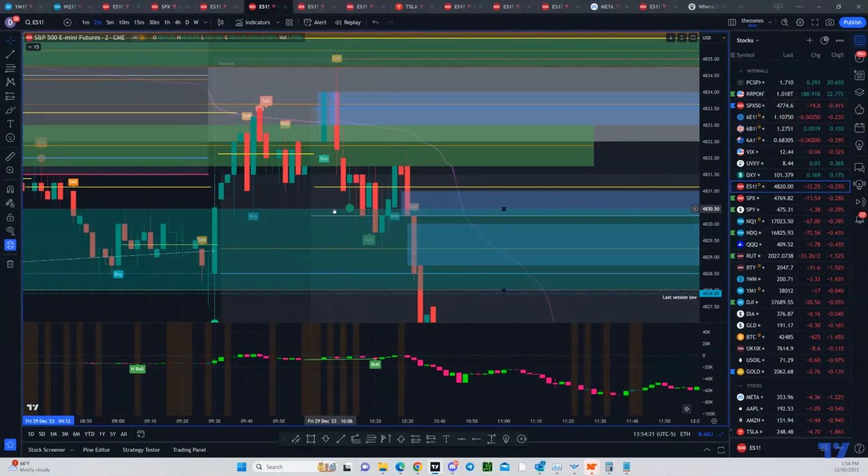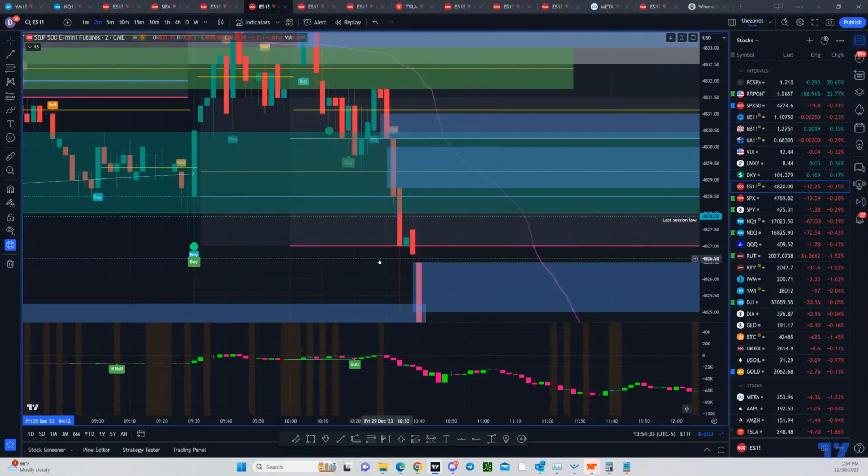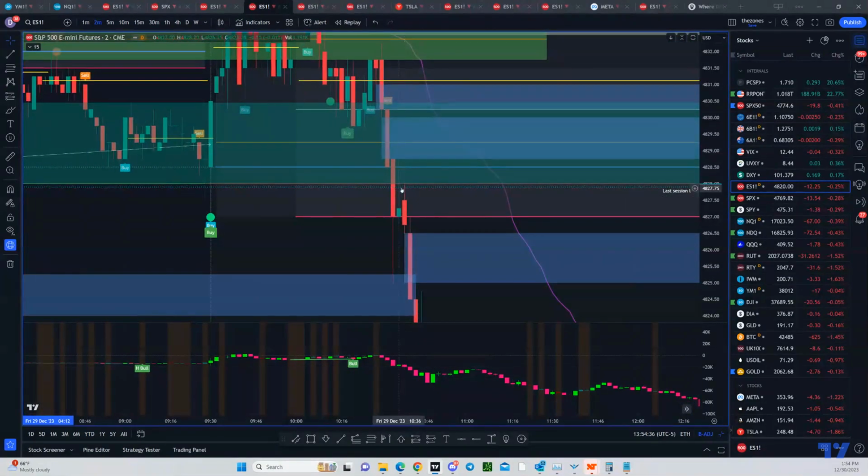Once you get some sort of confirmation, obviously this candle rejected here, confirmation below this area is your trigger, because this was the last session low. It came back, went all the way down, found buyers, went back up in here, and then it just touched again.